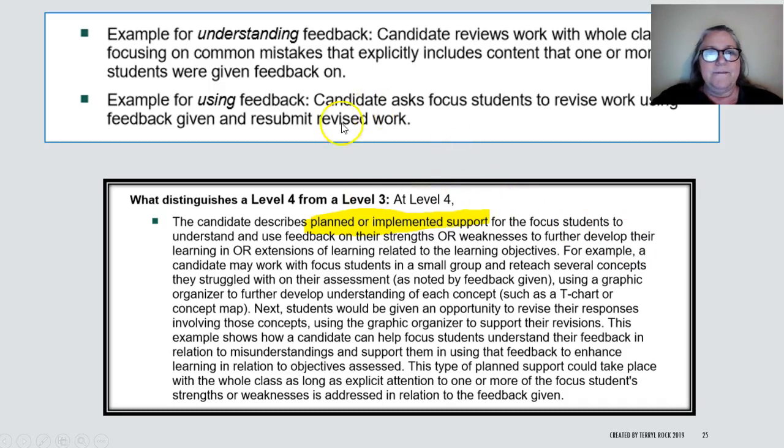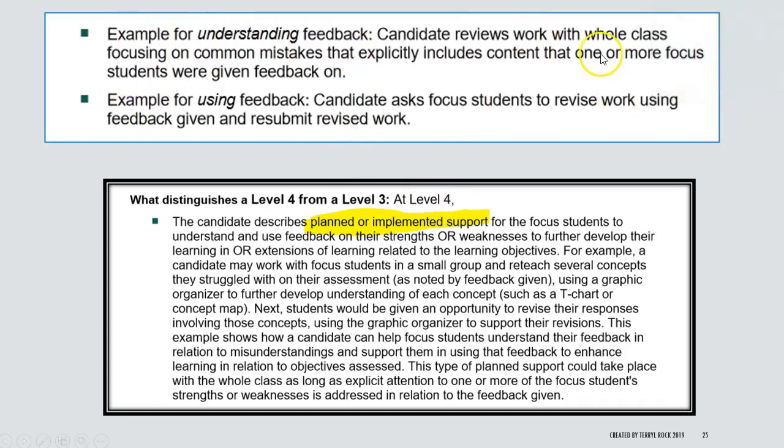If we want to talk about what understanding feedback is, an example is: the candidate reviews work with the whole class, focusing on common mistakes that explicitly includes content that one or more focus students were given feedback on. An example of using feedback is where you might ask focus students to revise work using feedback given and resubmit the revised work.